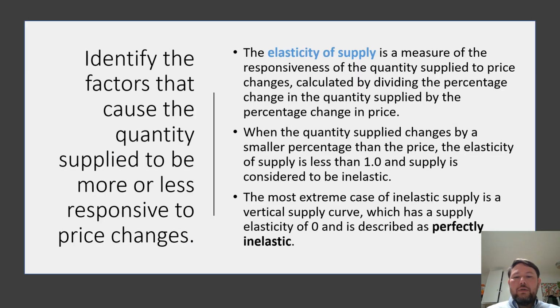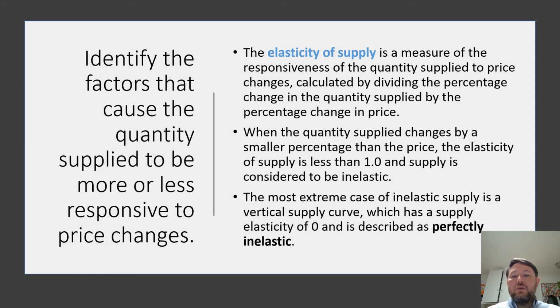So the last thing we're going to consider in this lesson is elasticity. We want to be able to identify the factors that cause the quantity supplied to be more or less responsive to price changes. Here we're talking about the same concept that we just ended with in demand, and spent some time on: how sensitive is quantity supplied to a change in price?